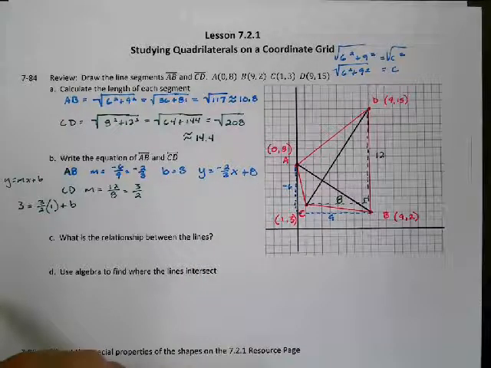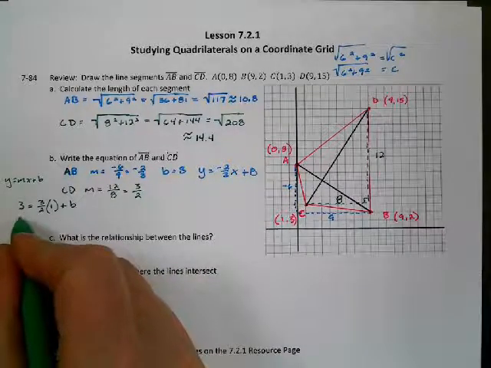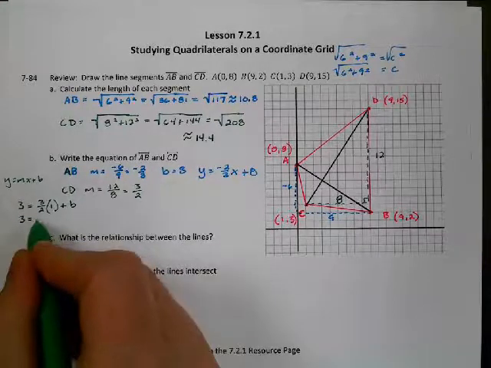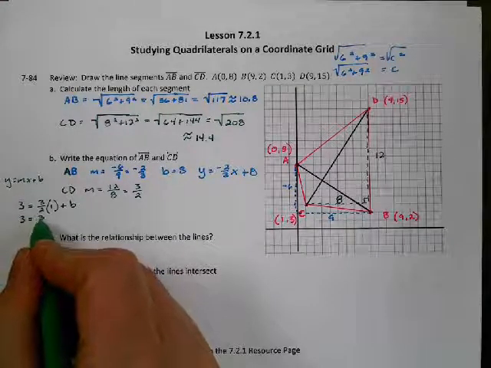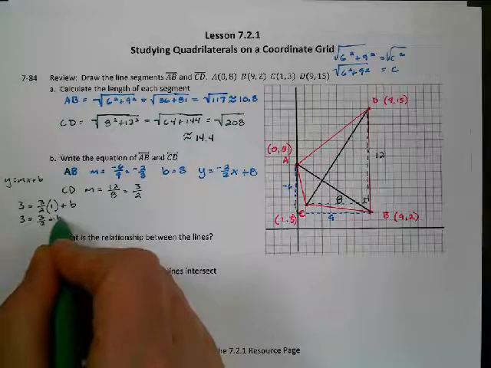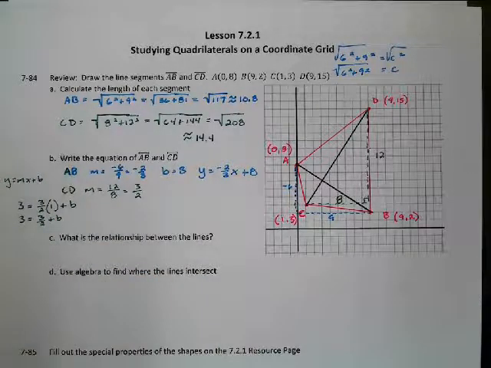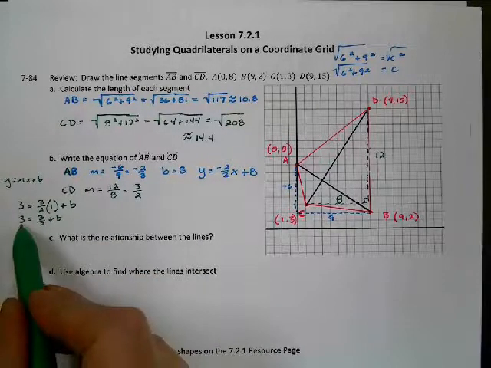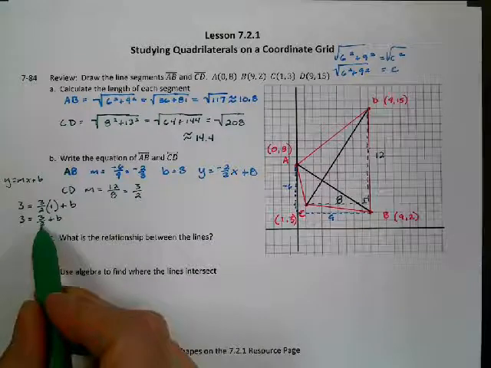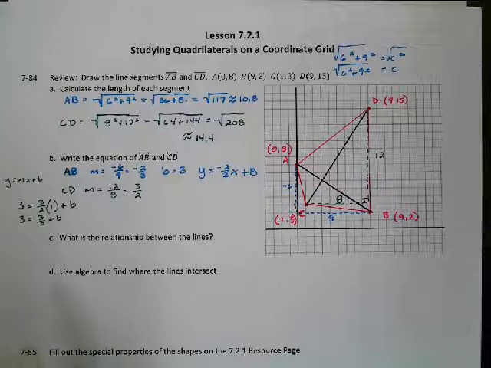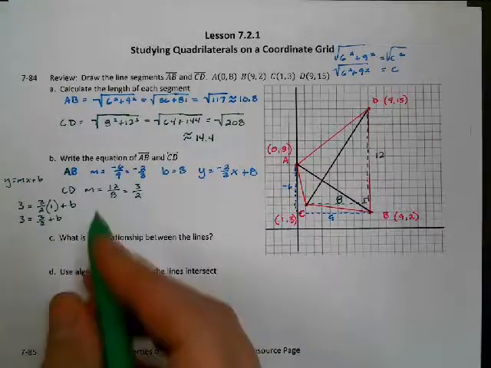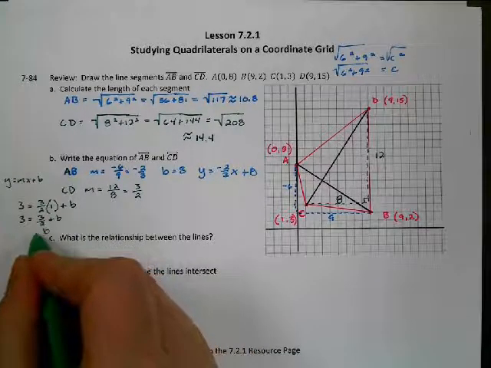All right, so this is 3 equals 3/2 plus b. I'm going to subtract it in a second. So I'm going to subtract 3/2. So remember, this is 3 and this is 1.5. So if I take 3 minus 1.5, I get 1.5. So I'm subtracting 3/2 from both sides, and I get b is equal to 3/2 or 1.5.